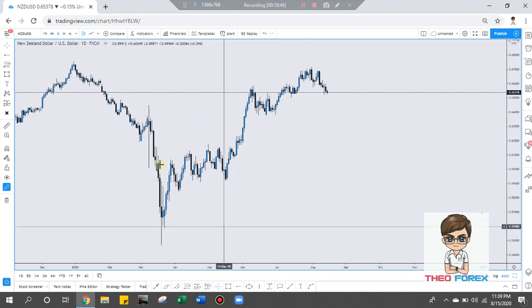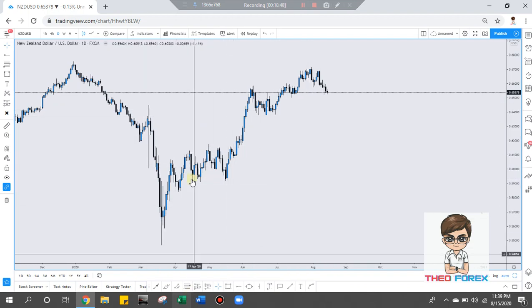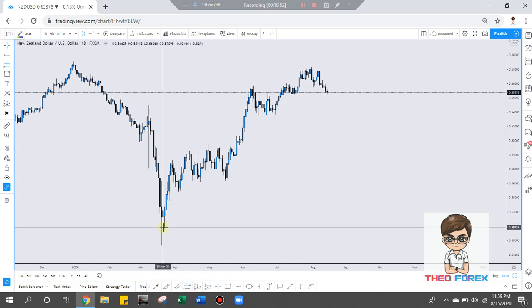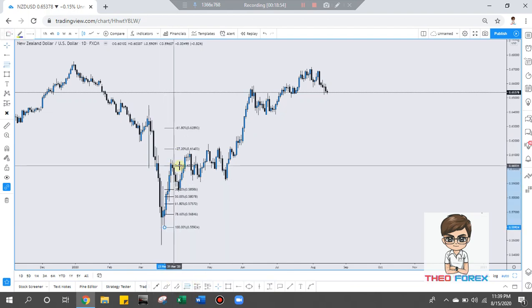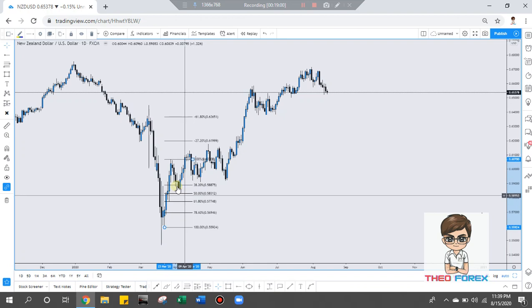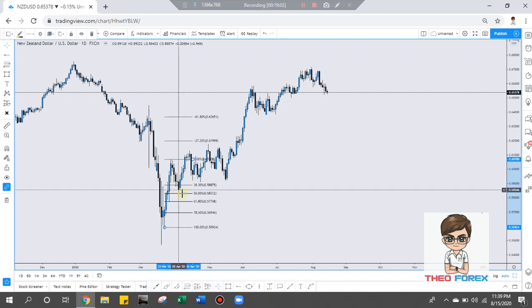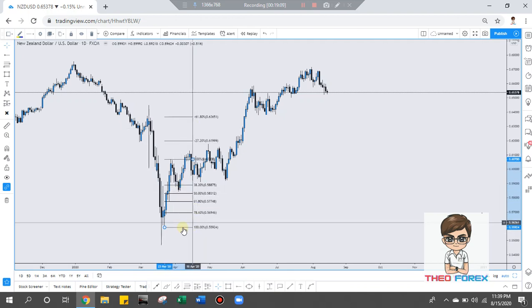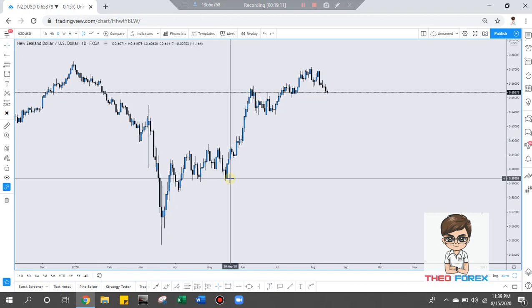So on the daily time frame, look at this. We had an impulse to the upside, so we take it from the swing low, which is the significant one, to the swing high, which is this. We expect price to come back down to a significant fib level, and see what we had here. We had the zone between the 50 and the 38.2. What do we have immediately? We had a buy move to the upside. So that's for an uptrend.